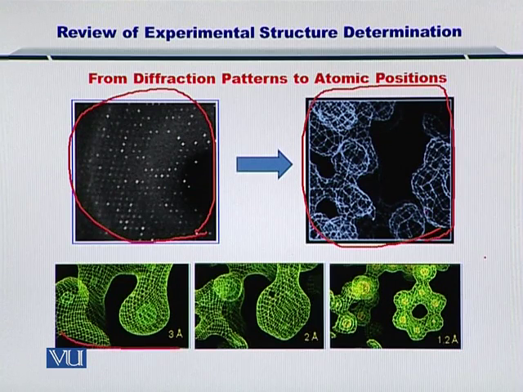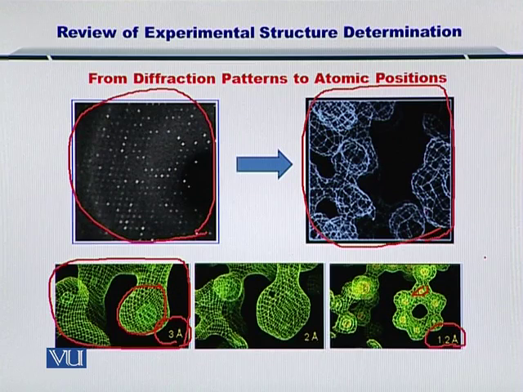In this figure, you can see that the atomic positions are not very clear, and all of these atoms in an aromatic ring appear as one single unit. The resolution is about 3 angstroms. However, if the resolution is improved to 1.2 angstroms, then you can see specific positions for each atom within the aromatic ring.